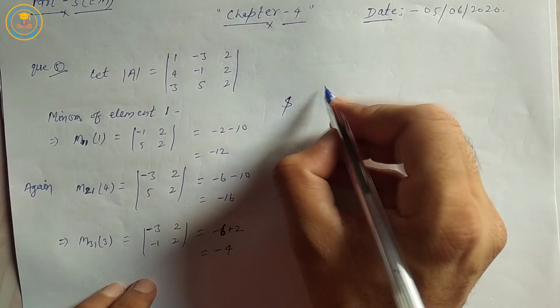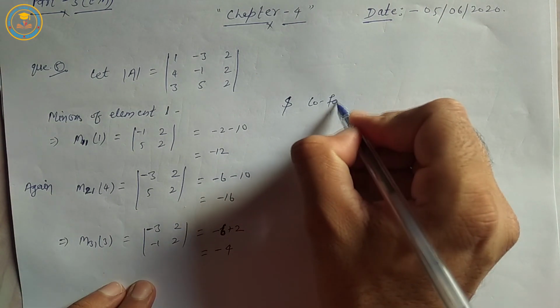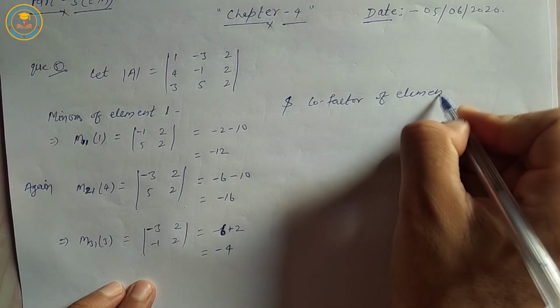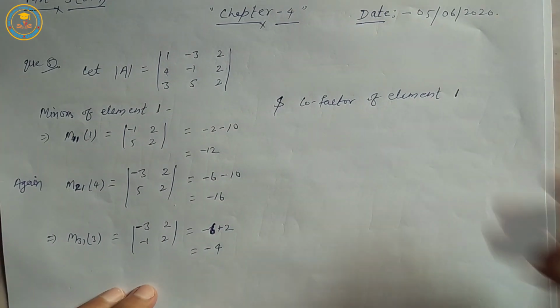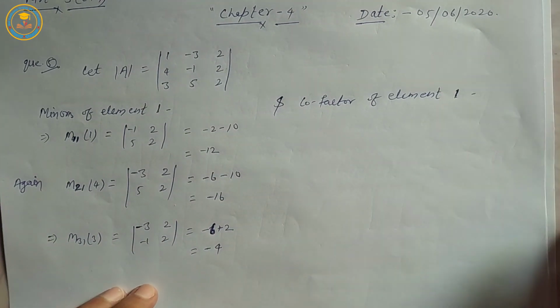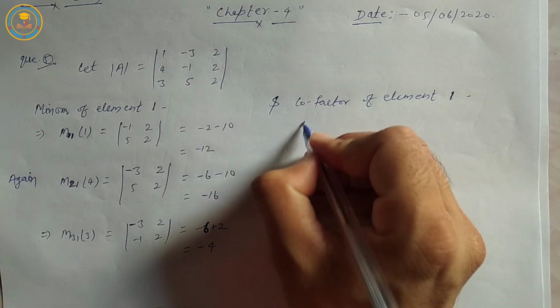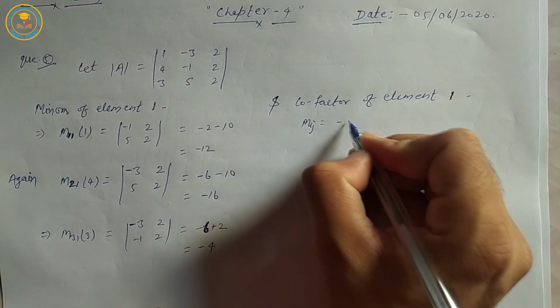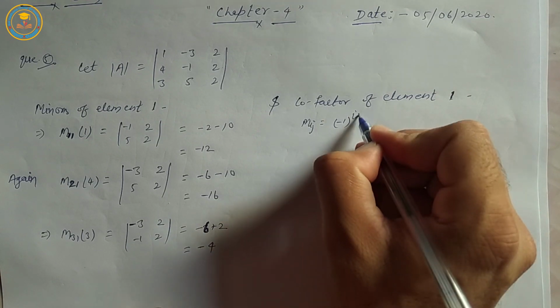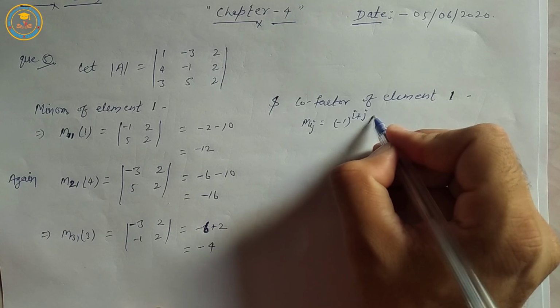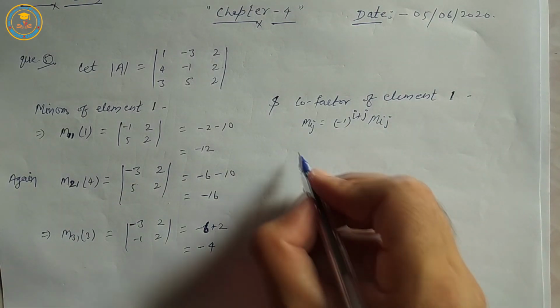And cofactor of element 1. The formula of cofactor Fij is equal to minus 1 to the power i plus j into Mij. Okay.